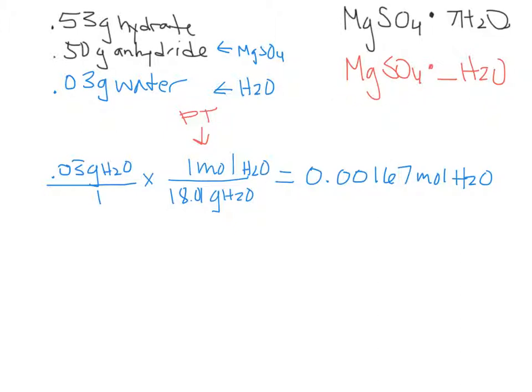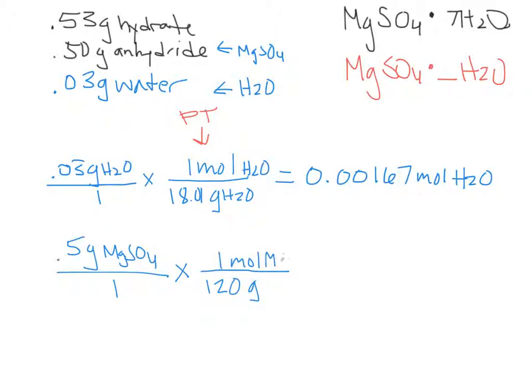So I'm going to do 0.5 grams of magnesium sulfate. And I don't have that value memorized, so I'm going to pause myself for a moment and ask Siri what the molar mass of magnesium sulfate is. All right, he told me the answer is about 120 grams per mole. And I do know that this is a rounded value.